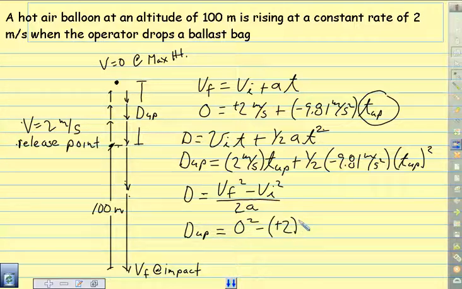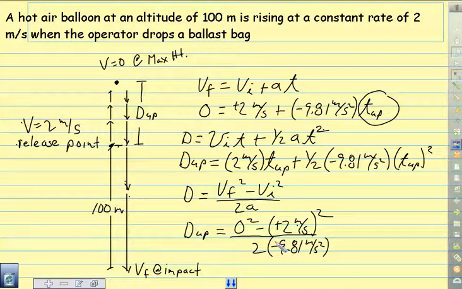V initial is given. This will accomplish the same thing without the intermediate step of finding time.